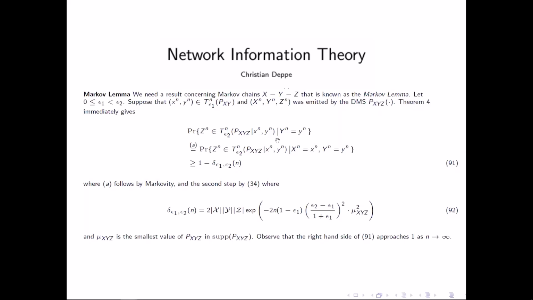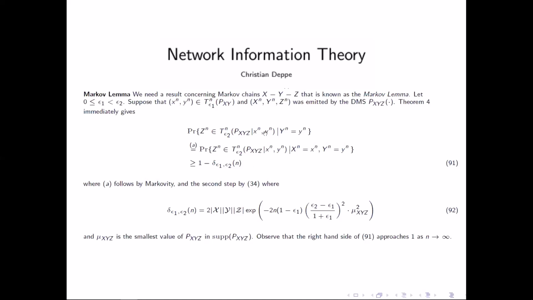Then we know about the probability that Z^n is in the typical set under the condition that Y^n is equal to y^n can be written in this way because of this Markov chain. So we can add here the condition that X^n is equal to x^n because it doesn't change the probability.